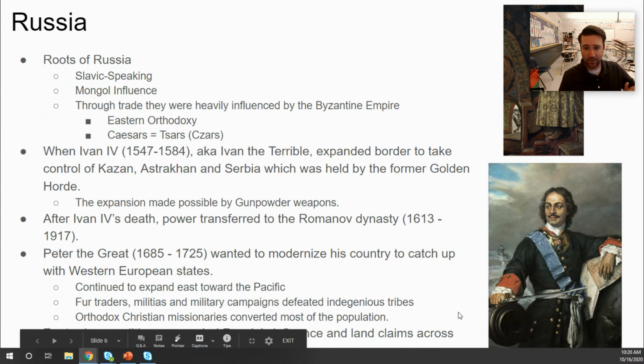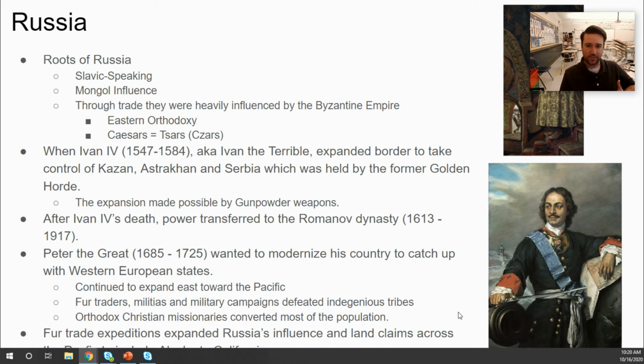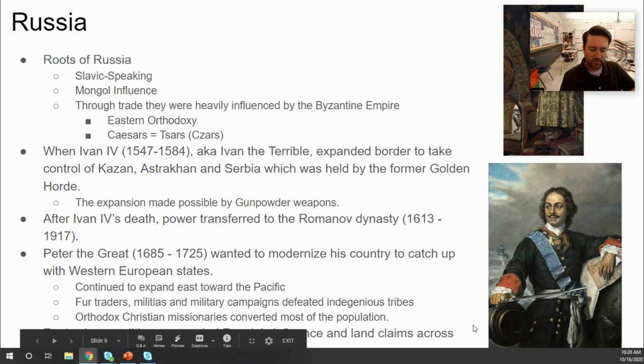The thing that he also promotes is Orthodox Christianity, because it's used in a way that helps legitimize the rule of the czars and creates a cultural identity that they're all sharing within Russia, even though it's ethnically pretty diverse, considering all the land that they're covering.